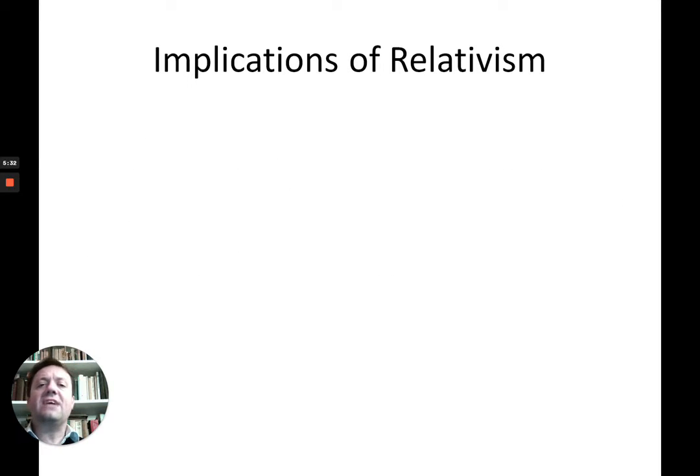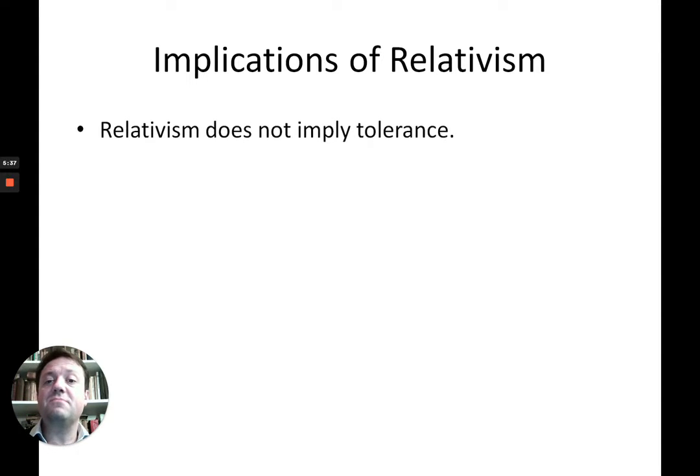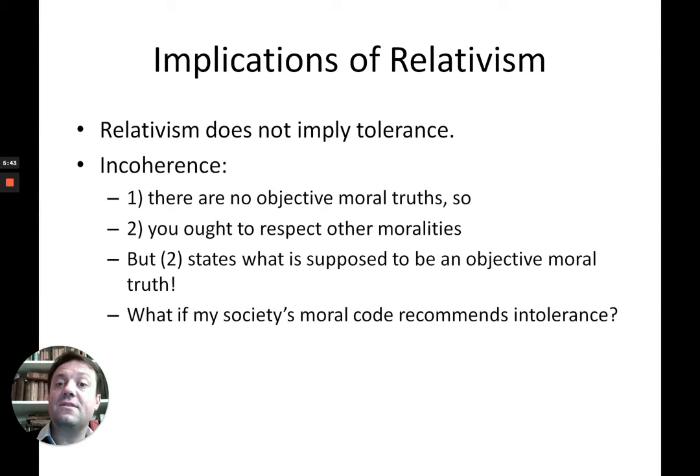So what are the implications of relativism? Well, relativism does not imply tolerance, as is sometimes believed. The idea that relativism does imply tolerance is in fact incoherent. So a moral relativist will say there are no objective moral truths, so you ought to respect other moral systems or other moralities.